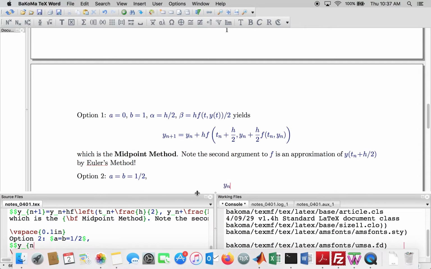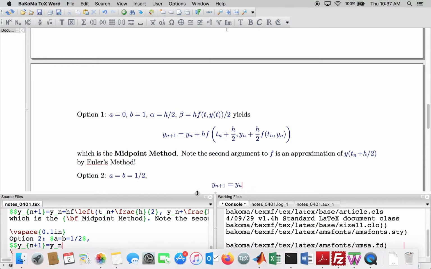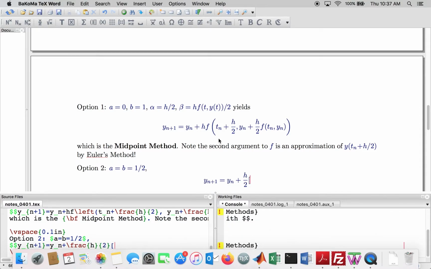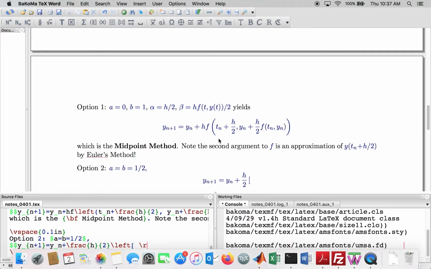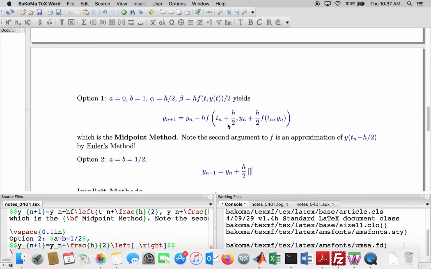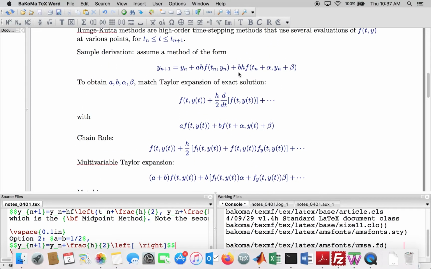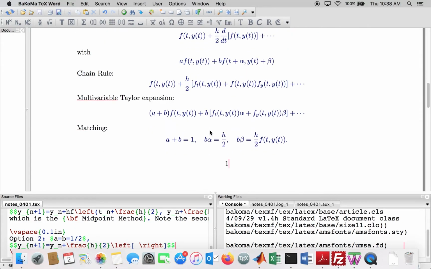So y n plus 1 is equal to yn plus h over 2. If I go back to the form of my method, a and b are both equal to 1/2, so I have h over 2 here, and I'll have h over 2 here.